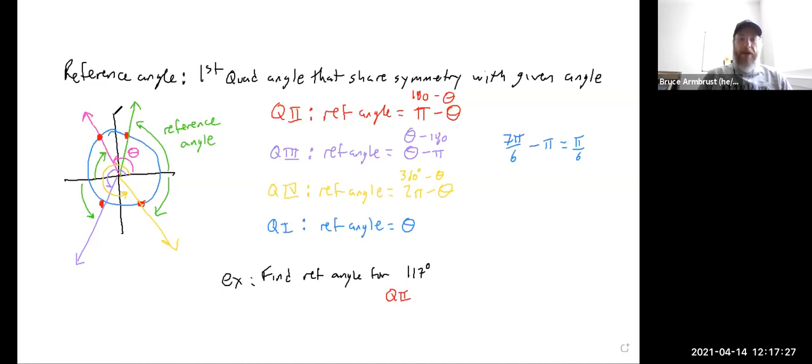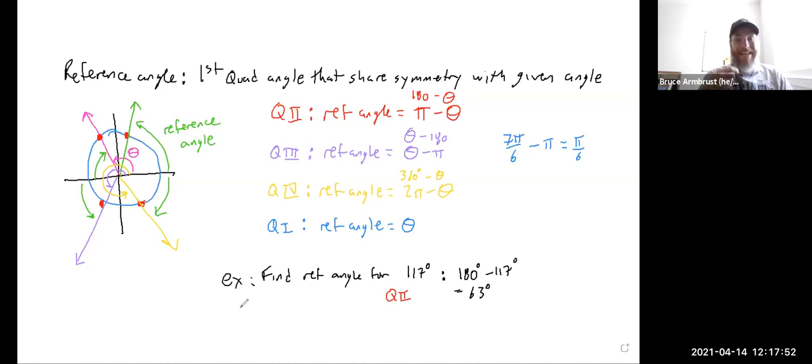Because we know it's bigger than 90, but it's smaller than 180. All right, so this one's quadrant 2. So we go to the quadrant 2 formula. And for degrees it's going to be 180 minus 117, which I think is 63 degrees.